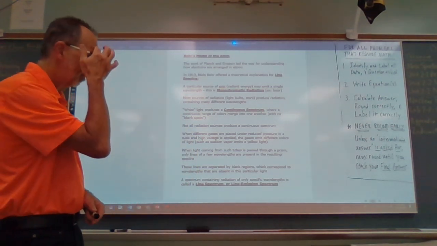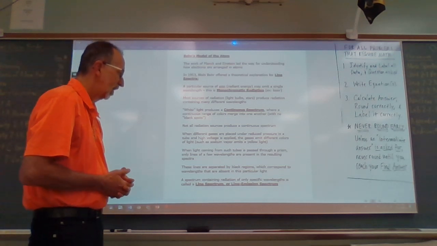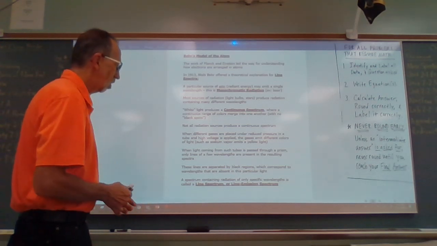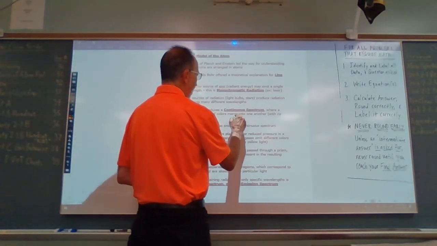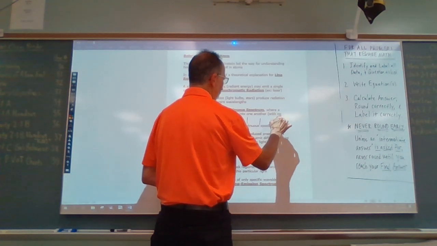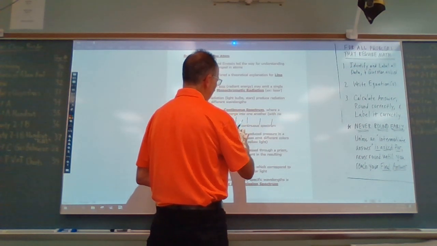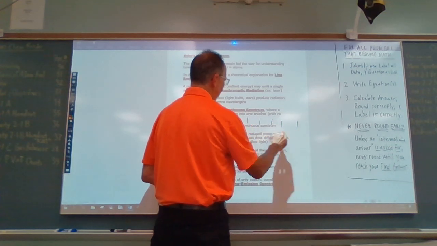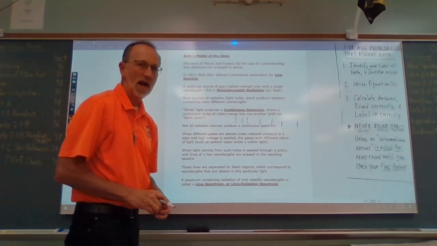These lines are separated by black regions, which correspond to wavelengths that are absent in that particular light. So remember, we have violet, blue, green, yellow, orange, red, and indigo's in there somewhere. All right.